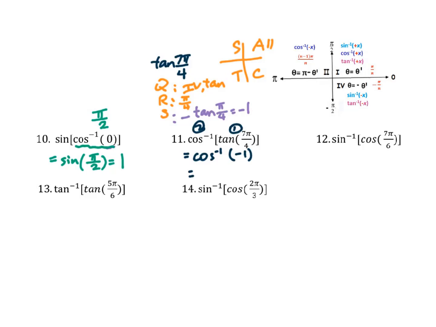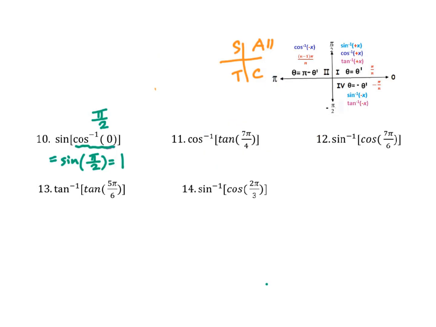We already know that it's a pi, because when you go to QRS backwards, negative, reference angle is 0. Go to second quadrant, therefore answer is pi. Because for second quadrant, only pi whose reference angle is 0. Now go to number 12.